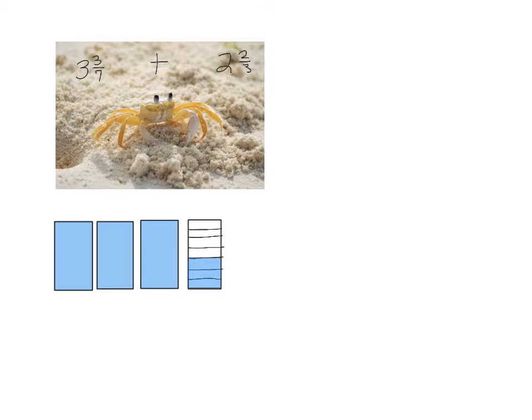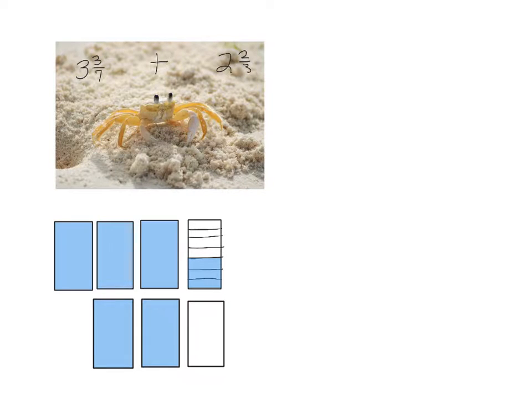Which is exactly what I've got right here, 3 3/7. Now I'm going to add the 2 2/3, so I'm going to make another 2 boxes here, and then I'm going to make a 2/3 over here, and that one will be blank so I can create the fractions.